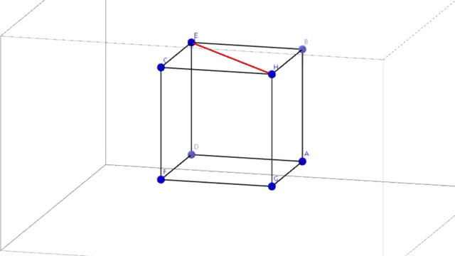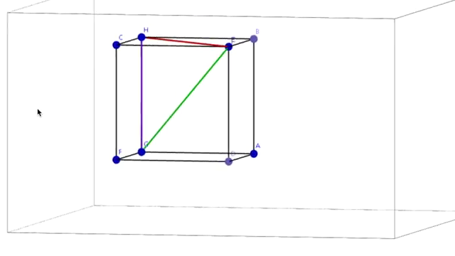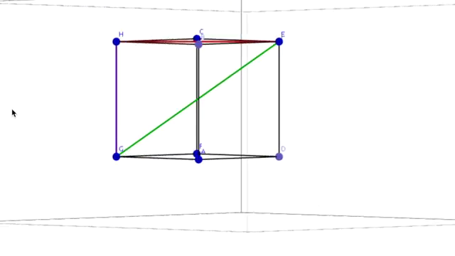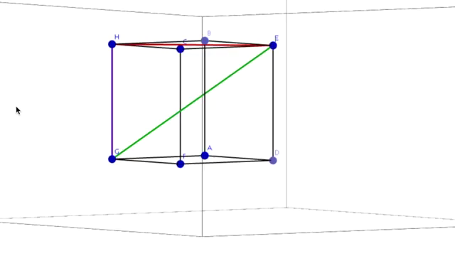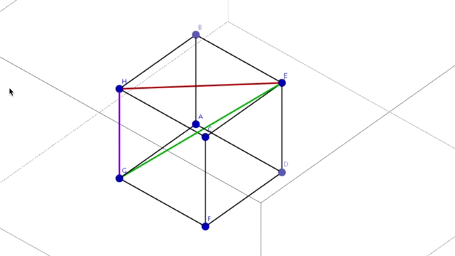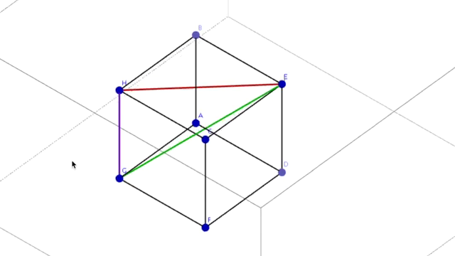And then between this purple line here, which was just one of the edges. And we want to make this line here, this diagonal. So you can see that green line is my diagonal across the cube. The red is the line across the face, and then I've just completed the triangle with this purple line here.